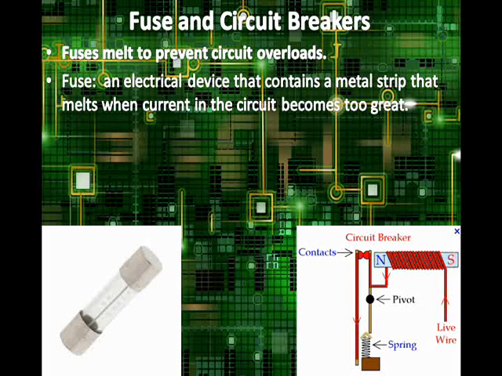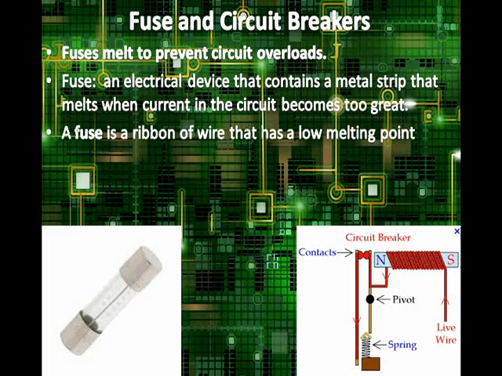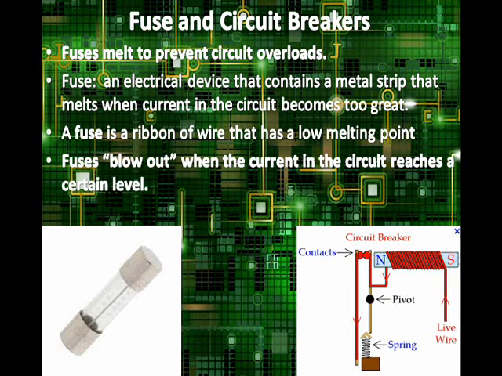Because a fuse is an electrical device that contains a little bitty metal strip that melts when current in the circuit becomes too great. An example is a fuse is like a ribbon of wire that has a very low melting point. And when we say that a fuse blows out, we're talking about that the current exceeded the level that that fuse could endure.